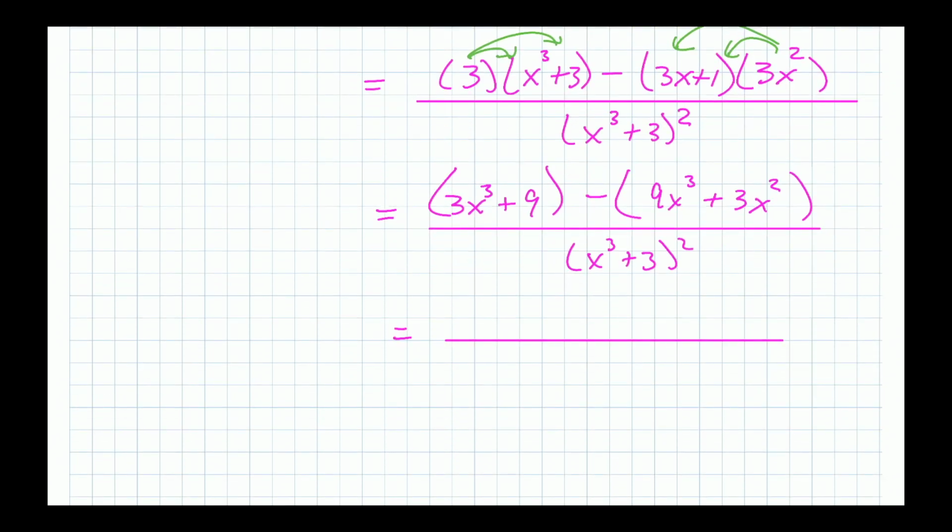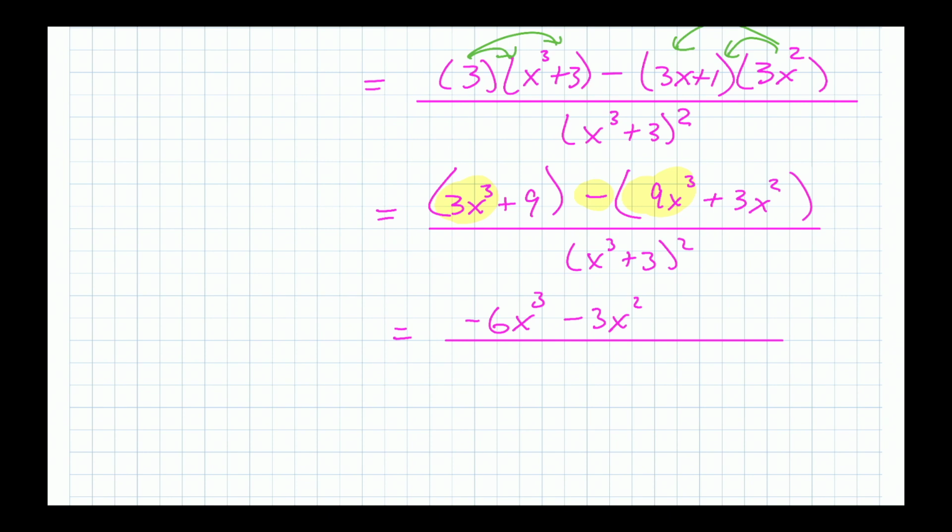Then in the numerator, I can see I got a 3x to the 3 minus 9x to the 3. So 3x to the 3 minus 9x to the 3 is negative 6x to the 3. Then I also have a minus 3x squared, right? Remember this minus here goes for both terms on the right.